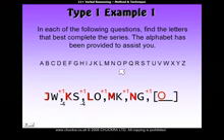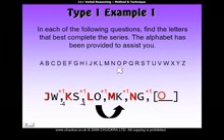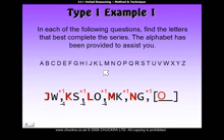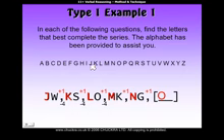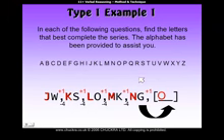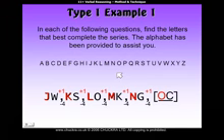From O to K, 1, 2, 3, 4 back. From K to G, also 4 back. So, to find the second letter of our answer, we go back 4 letters from G: 1, 2, 3, 4, we get to C. So our answer to this question is OC.